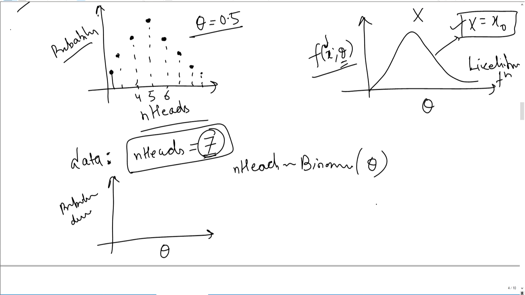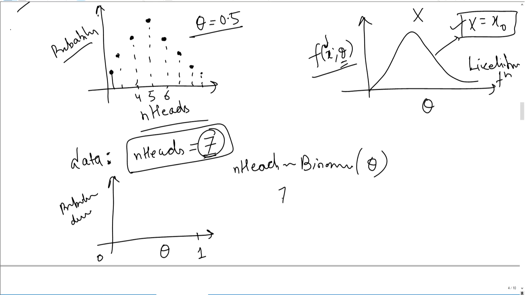Okay. How would I do this? What could be possible values of theta? Between 0 and 1, right. So, theta could be anywhere between 0 and 1, because this is the underlying probability of heads in a particular trial. Okay. Now, data is known, which is 7.